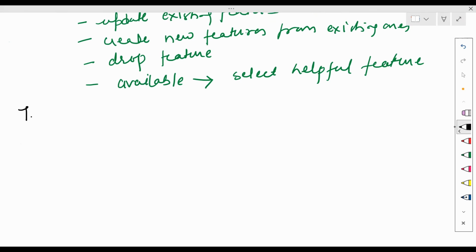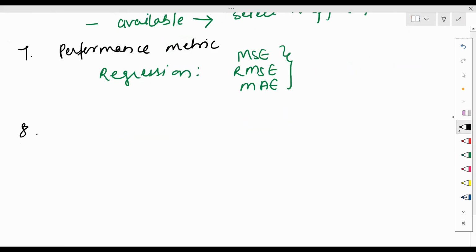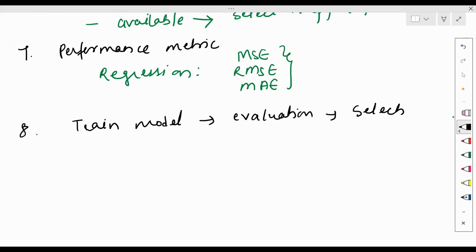Once our data is pre-processed and we have selected our features, now we need to understand what performance metrics we are going to follow. Since this is a regression problem, we can follow mean square error, root mean square error, mean absolute error, all these performance measures. The next step is to train the model, evaluate it, and then selection of the best model.